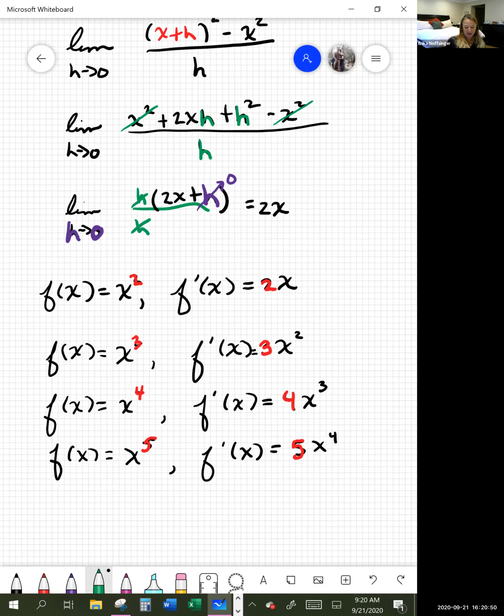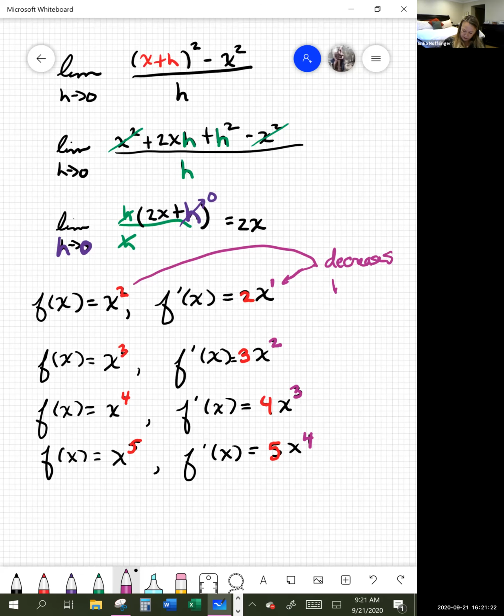From an exponent of x squared, we got x to the 1st power. From an x cubed, we have an x squared. X to the 4th, we have an x cubed. X to the 5th, we have an x to the 4th. So notice that this decreases by 1. Same thing, from an x cubed to an x squared, it also decreases by 1.